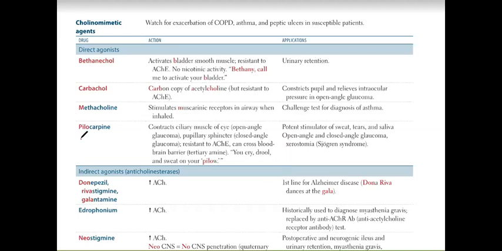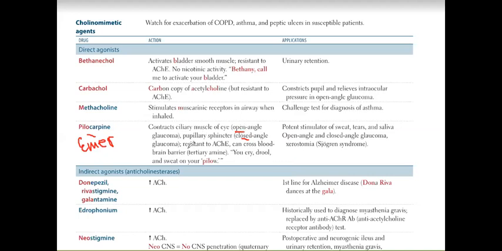So it is a very important MCQ to remember that pilocarpine is an emergency drug, to treat both open angle and close angle glaucoma. So now you understand the mechanism of action of open and close angle glaucoma also.